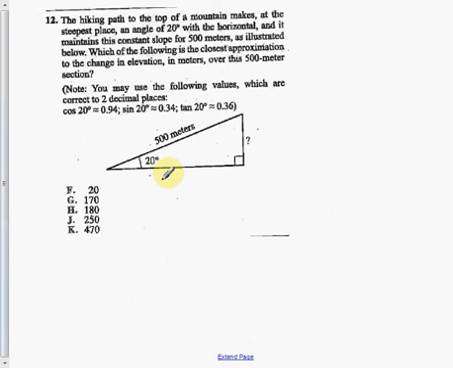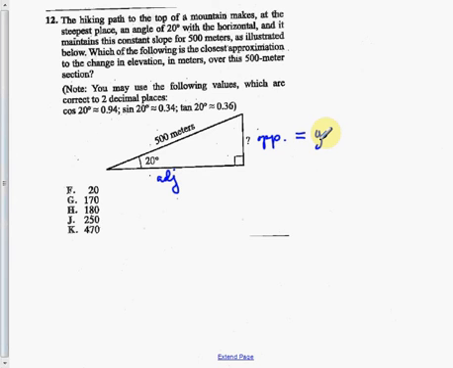So this is the adjacent side, and this is the opposite. Now, just for simplicity, let's call it y.